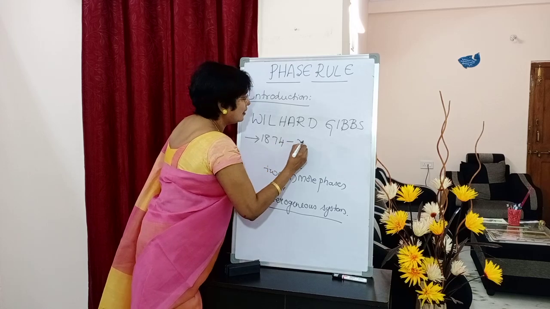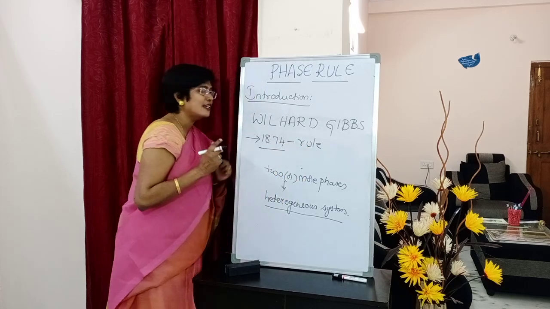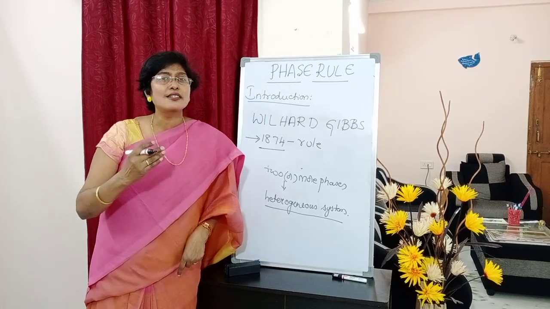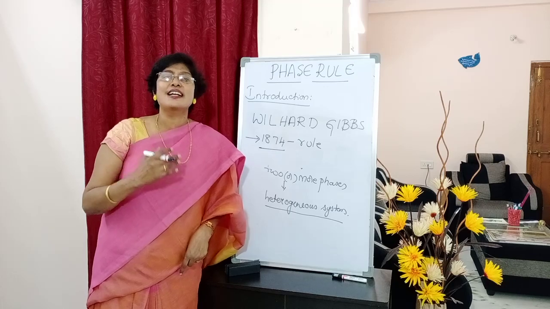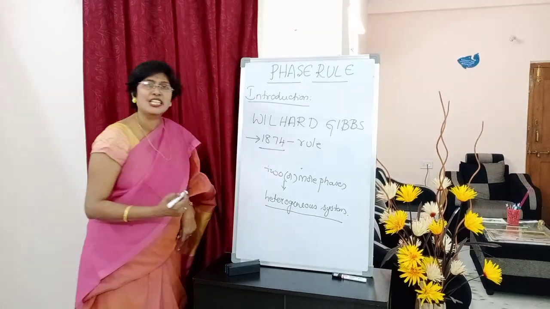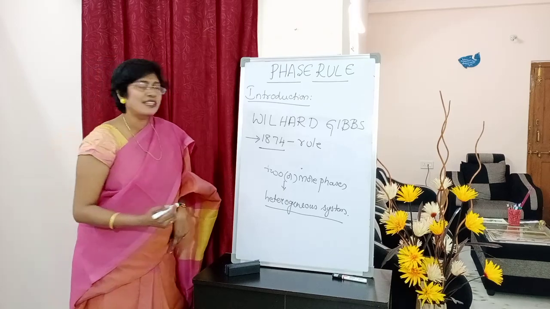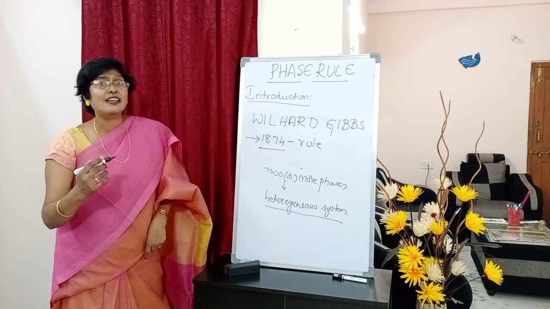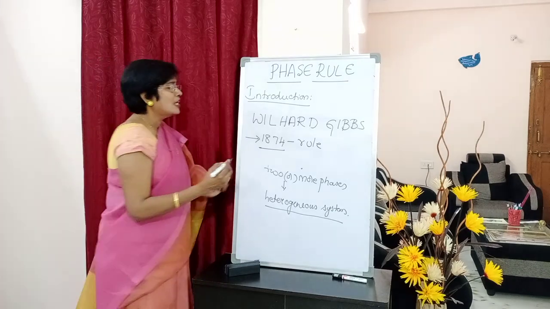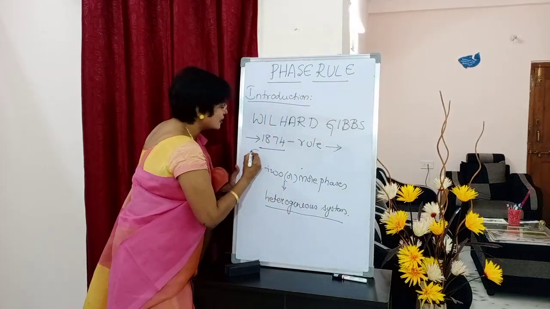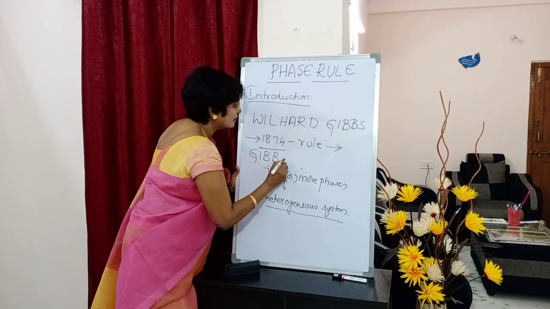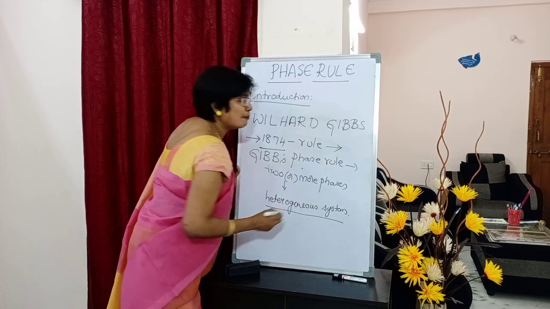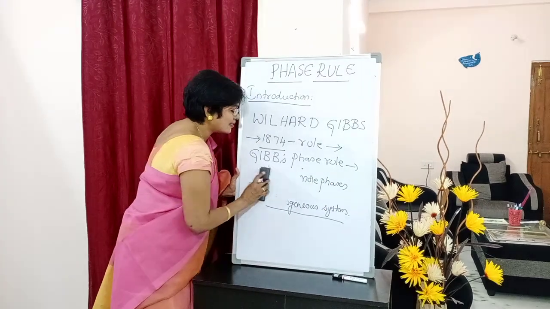He proposed a rule in 1874. Again to repeat, students, in order to study or understand the behavior of heterogeneous systems, an American scientist by name Willard Gibbs proposed a rule in the year 1874, which is called as Gibbs phase rule, or simply phase rule, which goes like this, students.